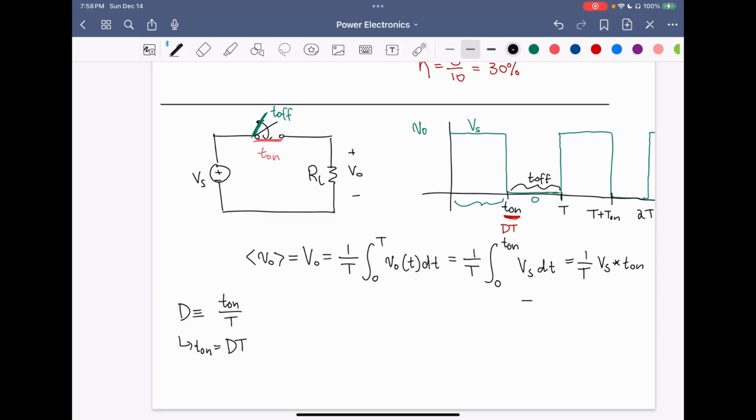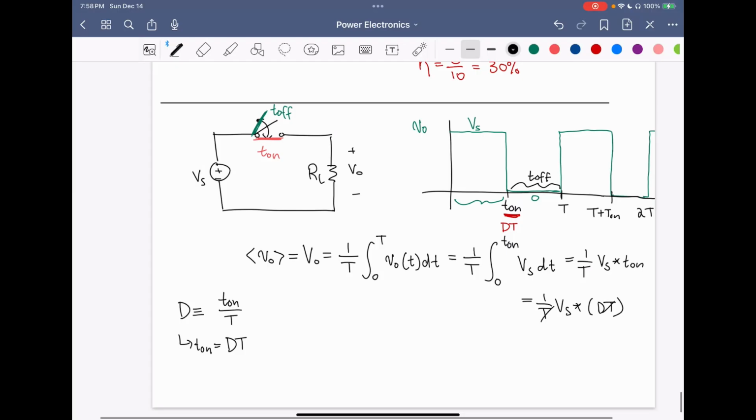Therefore, simplifying this, we have 1 over T times Vs times DT. The T's cancel out, and we're simply left with D times Vs.